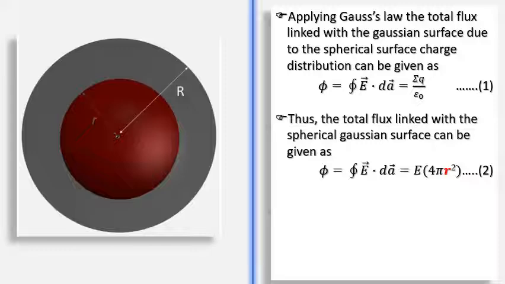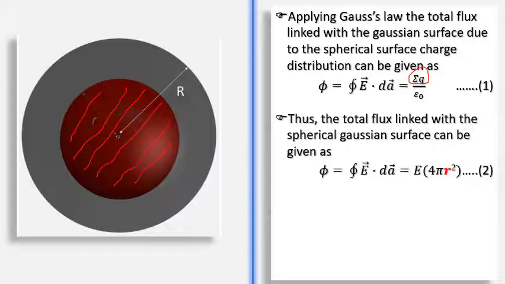What is left now? Now we have sigma q to be found out. What is sigma q? Charges enclosed by the Gaussian surface. Those charges are everywhere in the sphere, but I am concerned with the charges only inside this Gaussian sphere. So how do we find the charges inside this Gaussian surface?